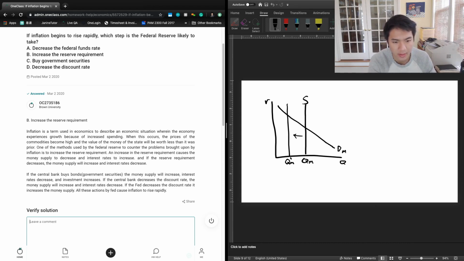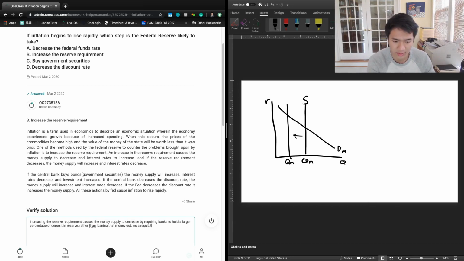Increasing the reserve requirement causes the money supply to decrease by requiring banks to hold a larger percentage of deposits in reserve rather than loaning that money out.